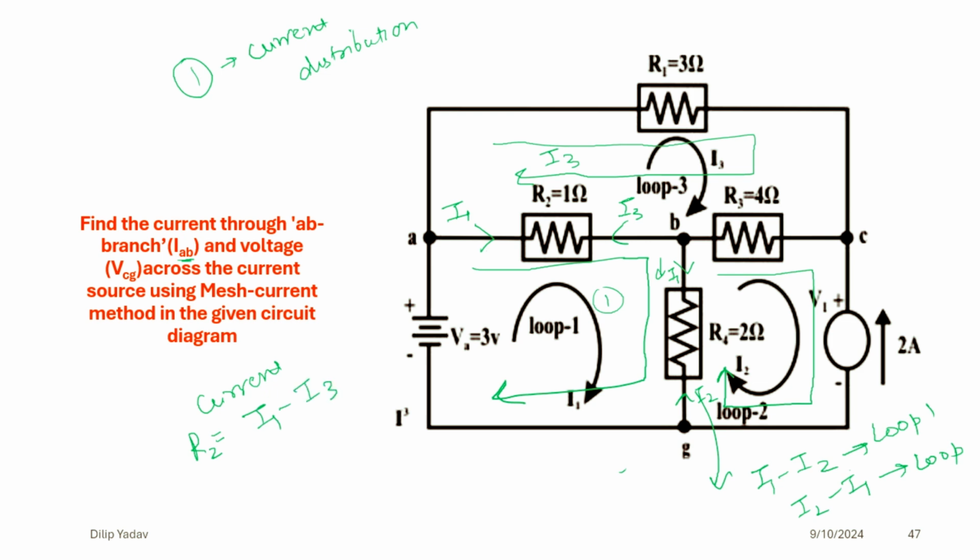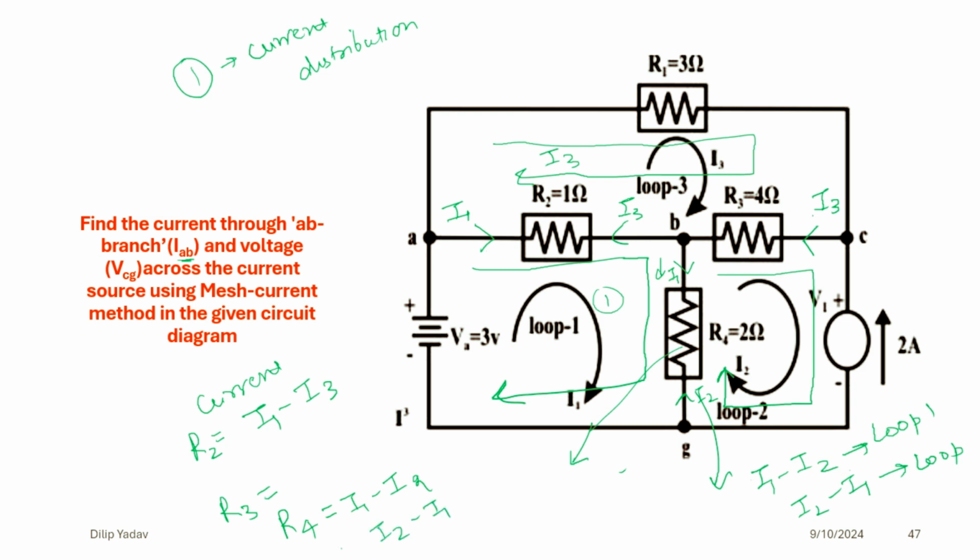Similarly, the current across the terminal R3 will be I3 coming at this point, and at this point R1, R4. If we calculate R4, the current will be I1 minus I2 if we are taking loop 1, and if we are taking the second loop, then it will be I2 minus I1.